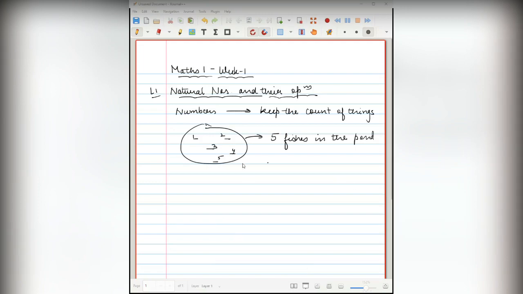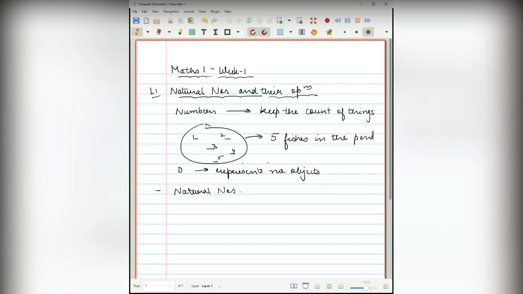Okay. So these are just numbers. So 0 is also a number, but it represents no objects. Now let's see what natural numbers are.